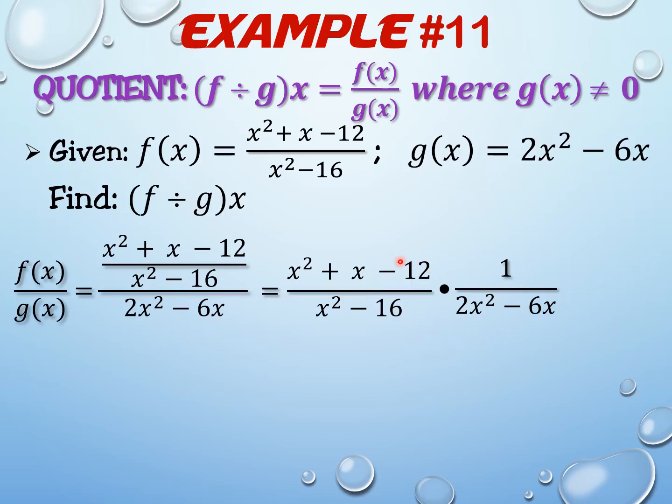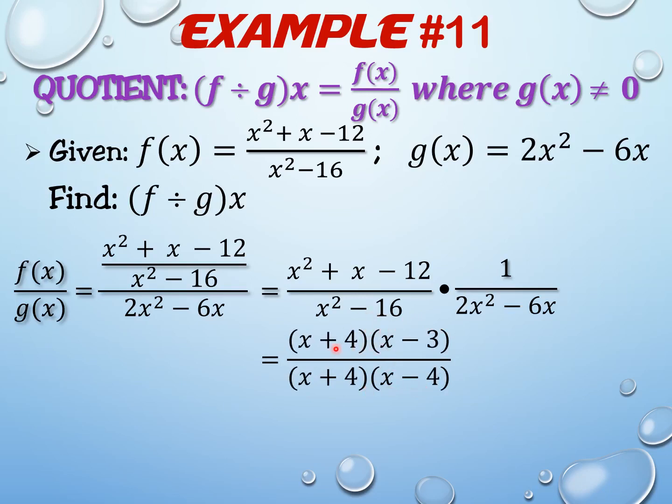Okay, I will write it down later. Now, for the denominator, you will have x squared minus 16. Again, this is a difference of two squares. So the resulting factor will be the sum and difference of two binomials. They have also different signs. And then for the 16, you have 4 and 4. So therefore, you simply have x plus 4 and x minus 4 for the denominator.